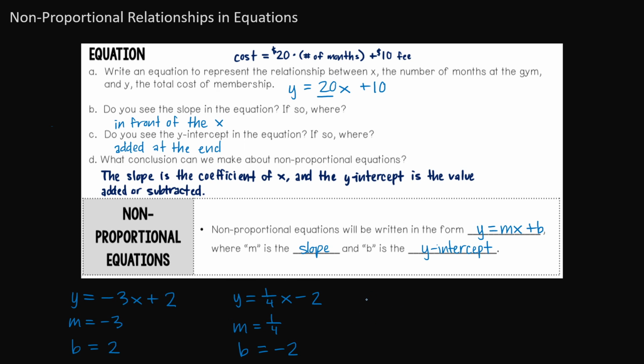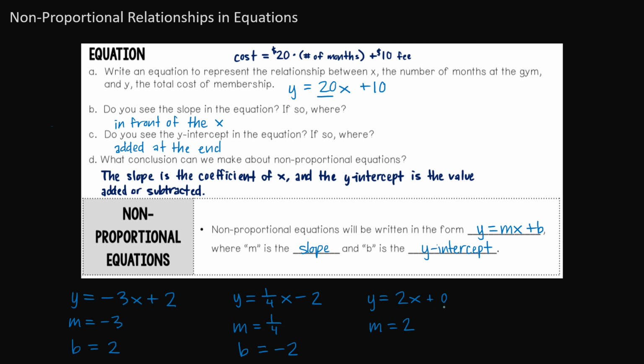And one more. Let's say I've got the equation y equals, let's say, 2x. I know my slope for sure is going to be 2. But my y-intercept, I don't really see a number that's being added or subtracted right here. We can assume that we are adding 0.